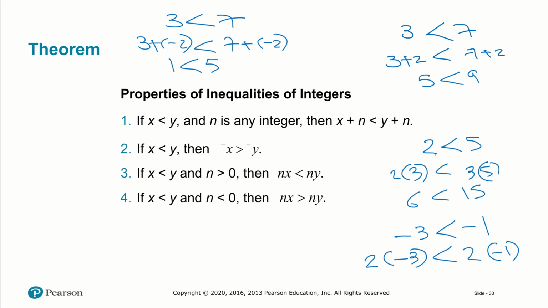So here I get -6 is less than what? -2, which is also true. Okay? So the last one is just saying what I've already said to you in the other graphic I was showing you with the number line. If x is less than y and you multiply by a negative number, immediately switch the direction of the inequality.